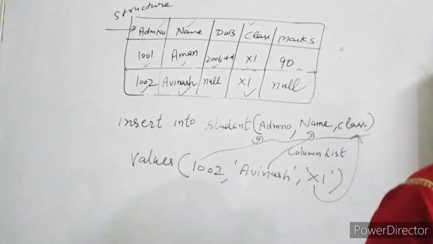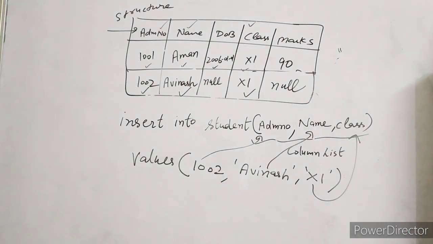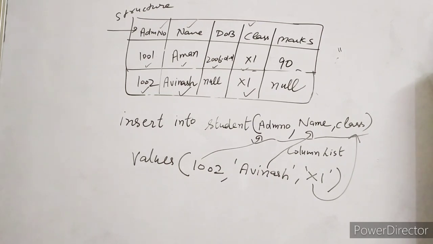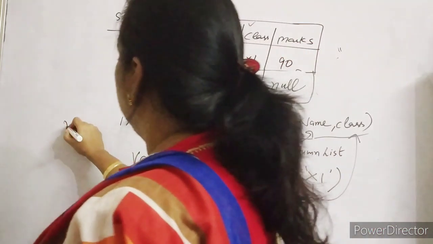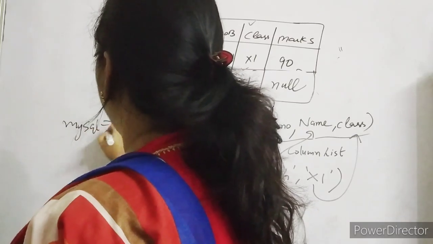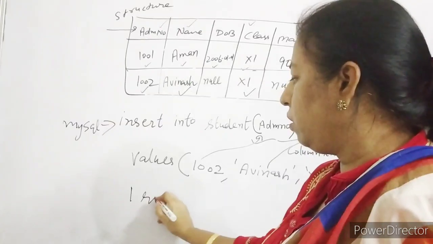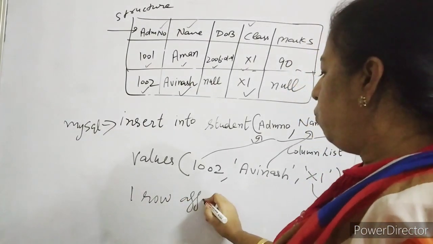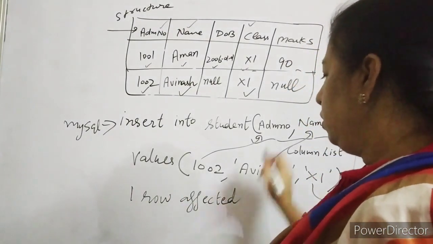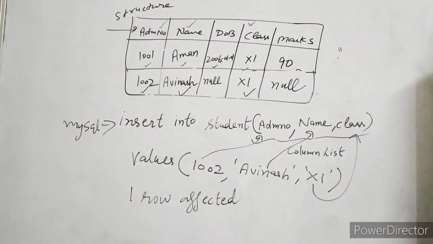Now, when you practice these commands, what output will be displayed on the screen? You write the command on the MySQL prompt. After running the command, you get the output: one row affected. Clear? You get this output if there is no error in your command.